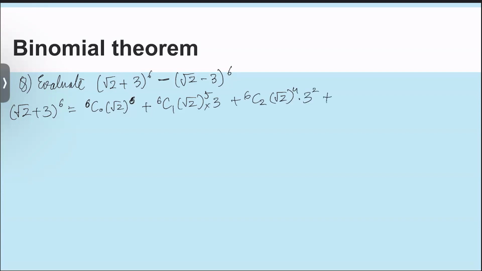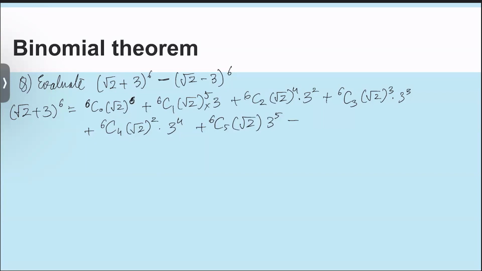Then you have 6C3 √2^3 multiplied by 3 cubed again. And then you have plus 6C4 √2^2, and then you have 3^4. And then you have 6C5 √2 and 3^5.